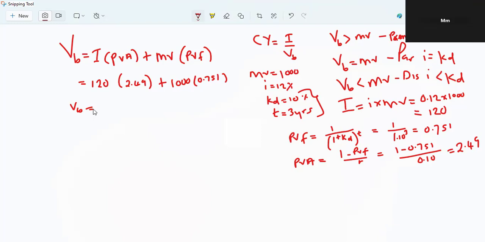We are getting 1,048.8. So what kind of bond is this? It's a premium bond because it's more than the face value. Then how do you find the current yield?